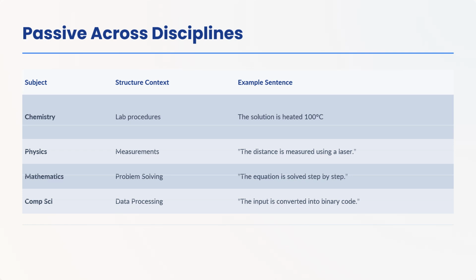For example, in chemistry, the solution is heated to 100 degrees. In math, the values are substituted. Notice how this structure removes the human element. It makes the statement sound like a universal truth. As lecturers, using passive voice helps us maintain a formal academic atmosphere in the classroom.